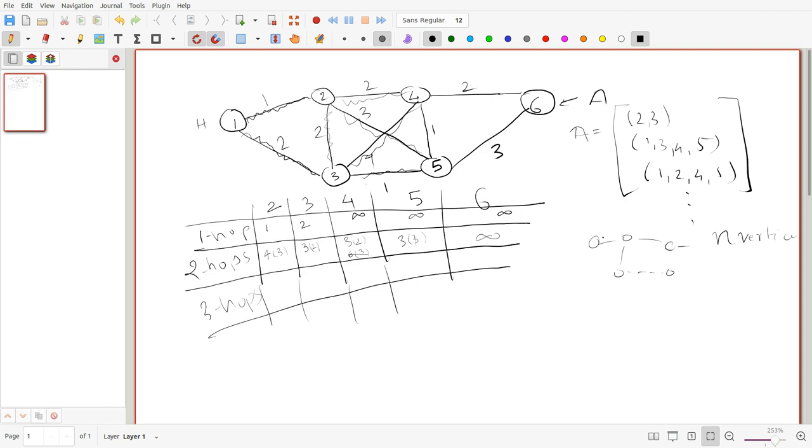What's the maximum number of hops? Well, clearly the minimum number of hops is one. The target node might just be one node away. It might be your neighbor. But what's the maximum number of hops you'll have to cross? Do you realize? It's going to be n minus 1.